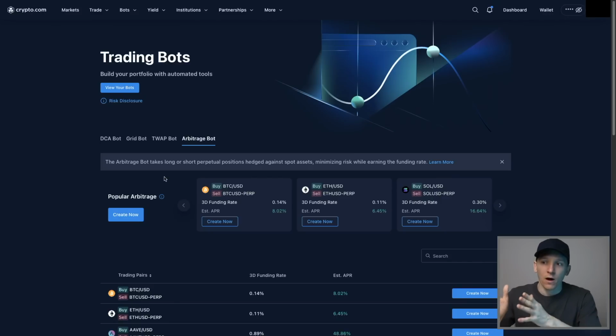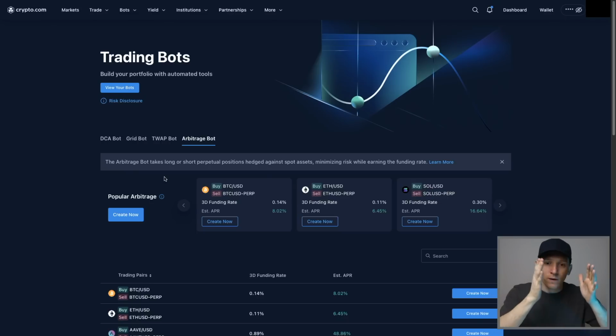So these arbitrage bots actually carry out what is known as a delta neutral trade. That just means that we're attempting to not take any directional price exposure to the assets themselves. What we're trying to do is arbitrage the difference between two markets for the same asset in crypto. And we are essentially canceling each other out.